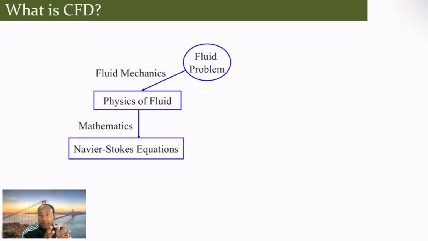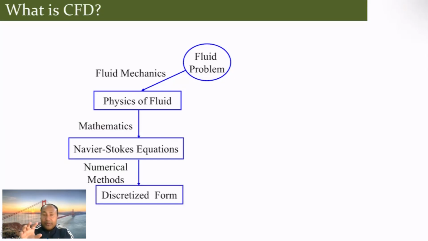So you have a physical problem, let's say flow over an aircraft wing or flow over a wind turbine. Anything in nature is governed by the basic conservation equations, so we try to find the conservation equations that govern that particular system. We identify those governing equations, which are partial differential equations. Then we apply different numerical methods. Even in CFD, there are multiple ways one can do this.